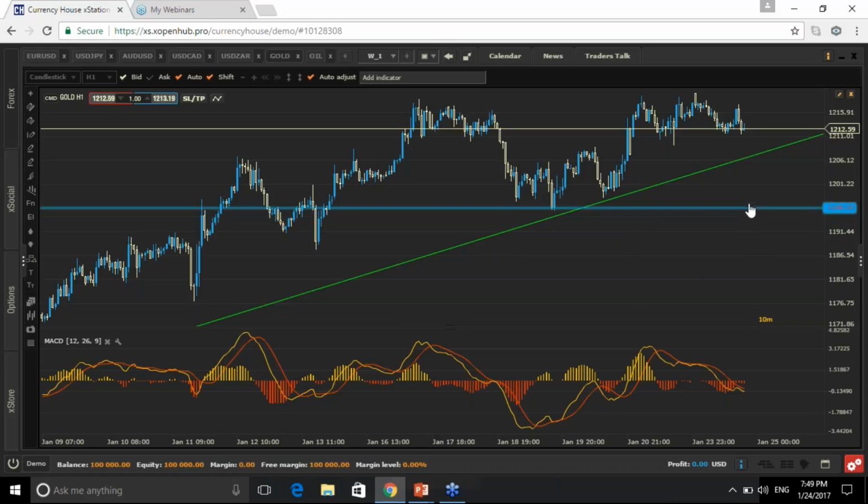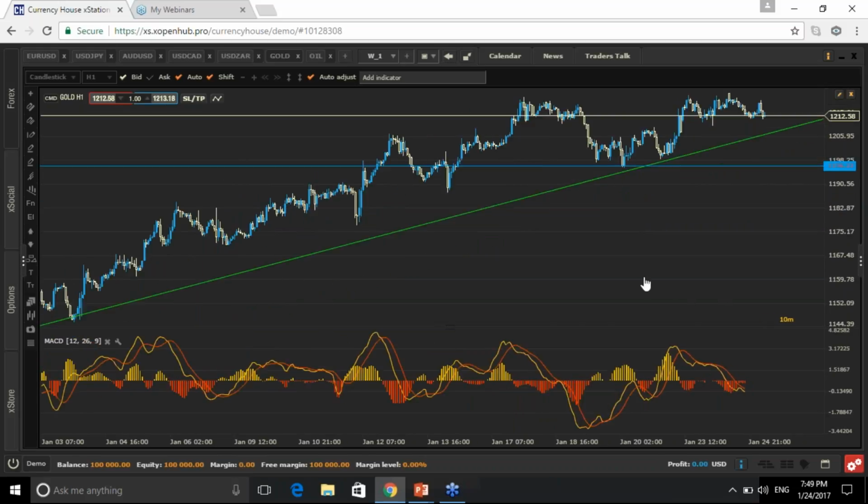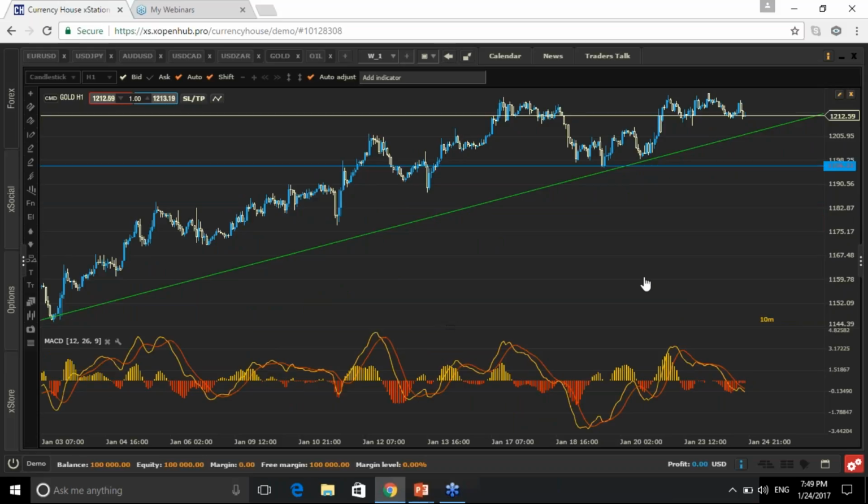Somewhere below this or this level, okay? And the same thing with the take profit order. It doesn't have to be huge. If the market is giving you 50-70 pips of profit, it's better for you to take your money and run.